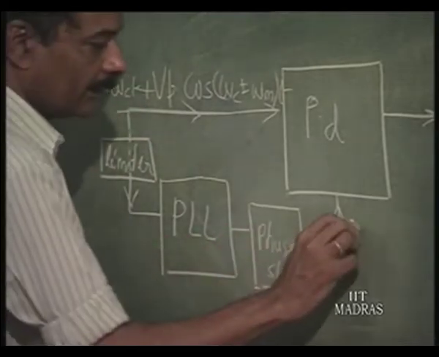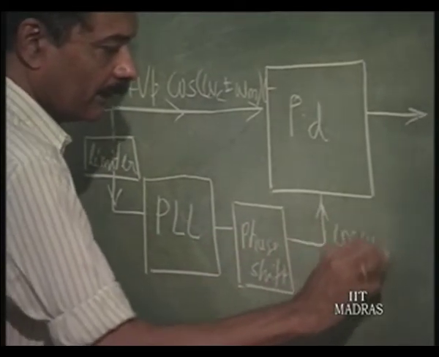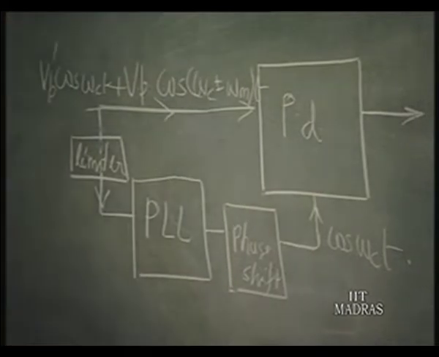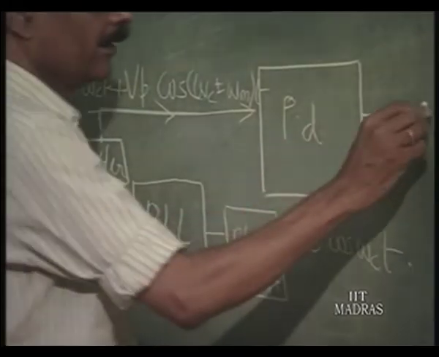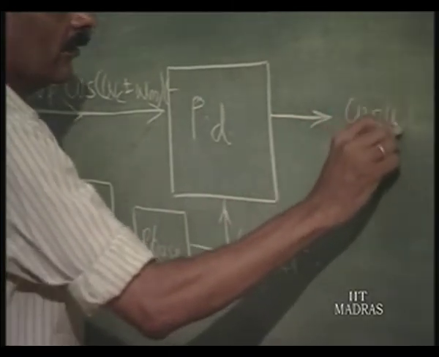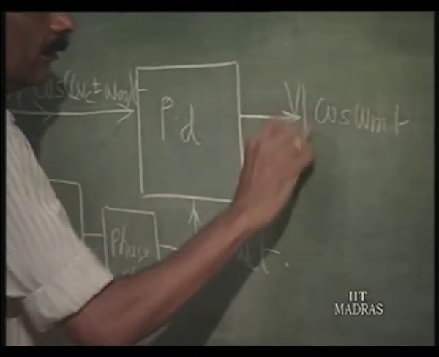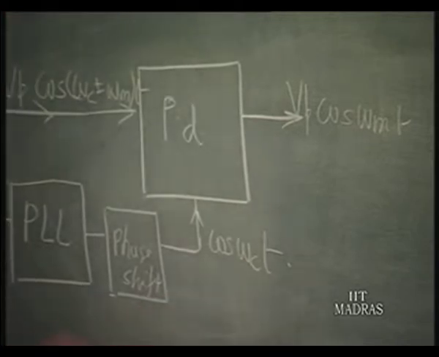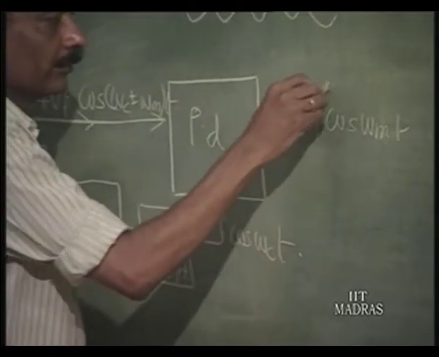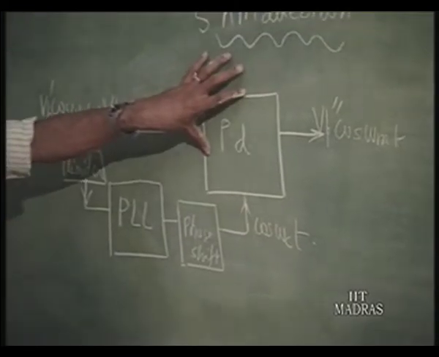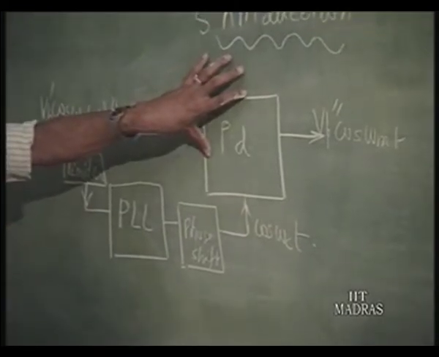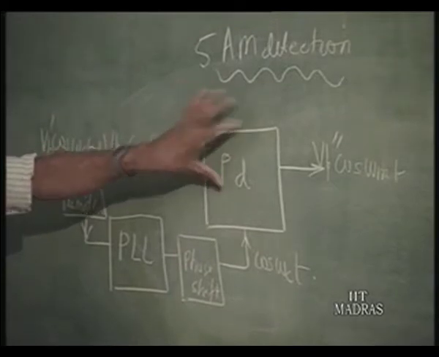So, here we get cos omega CT by this process, and that is how we can get cos omega MT out of this. So, this kind of AM detection is called synchronous detection. This is also adopted here.